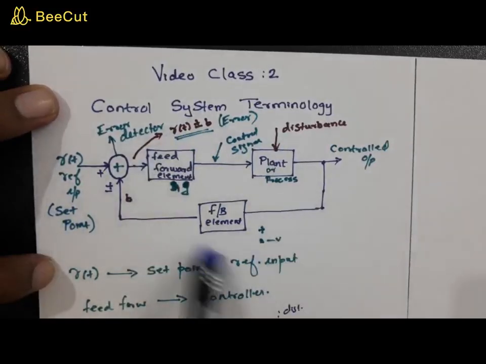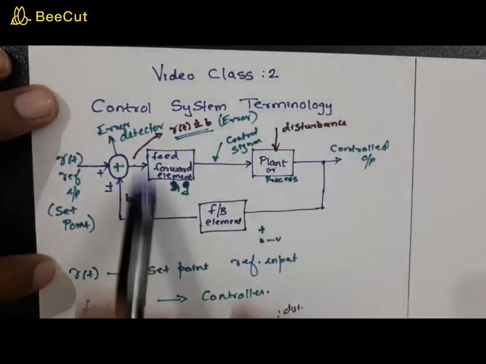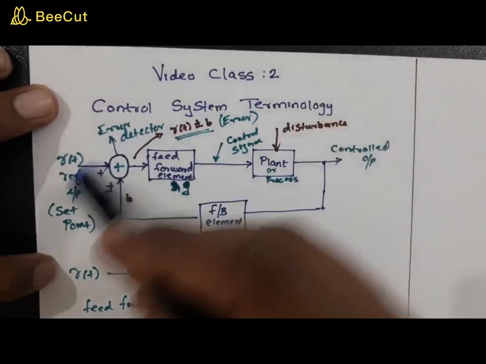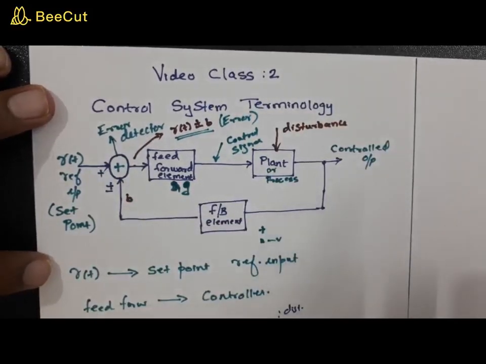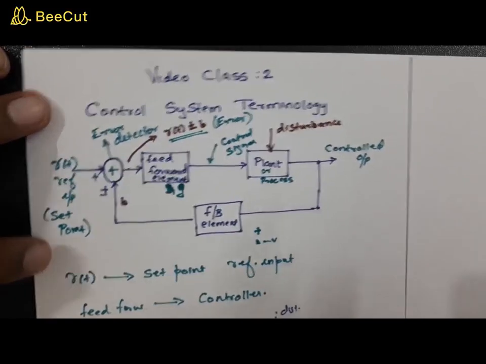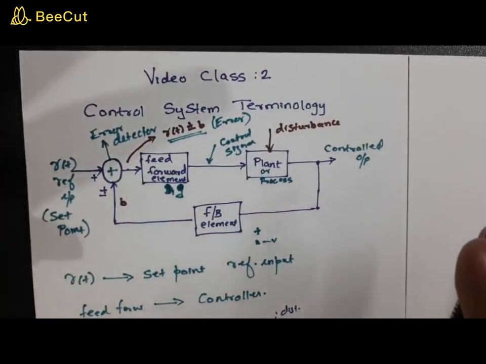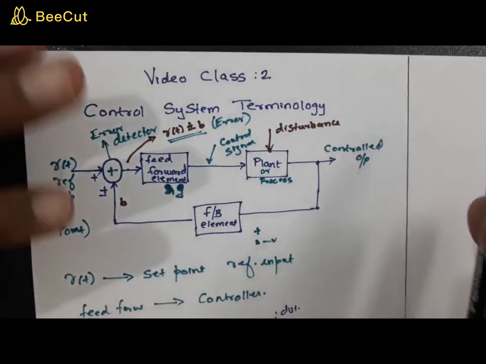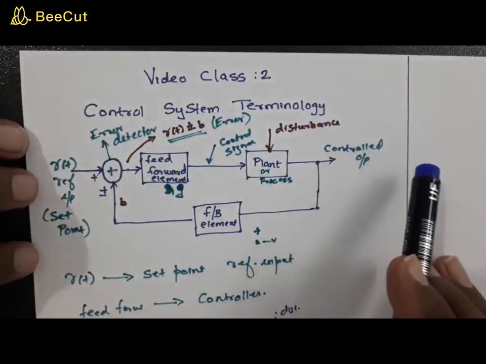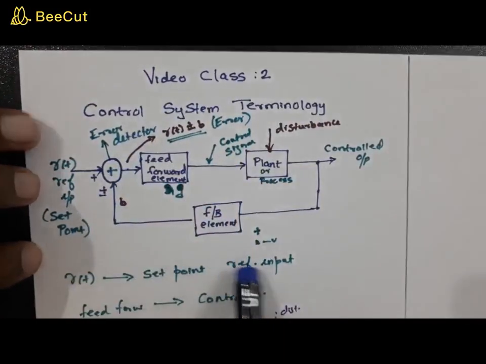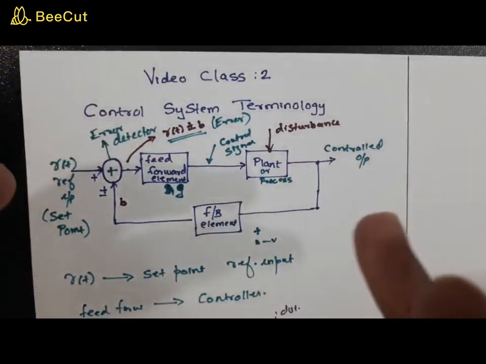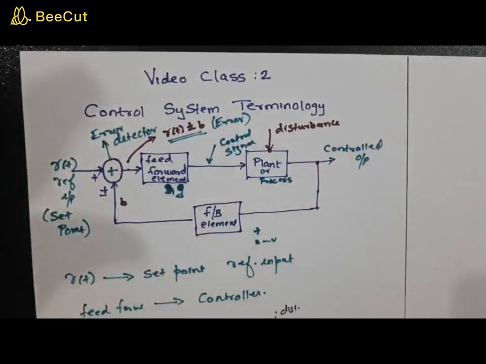If this is fluctuating or not stable, the output gets fluctuated, and that is not at all desired for a control system. Such a control system we call an unstable system. So there must be some mechanism to nullify that effect. Otherwise, this is going to have a worse impact on such a control system with feedback.